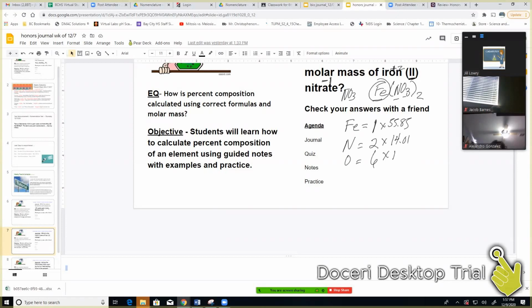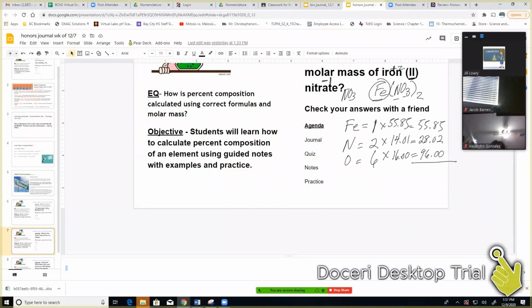And oxygen is 16. Yep, you multiply through. 2, and what's 6 times 16? Oh, I can't do 32. 32. No. 64.96.